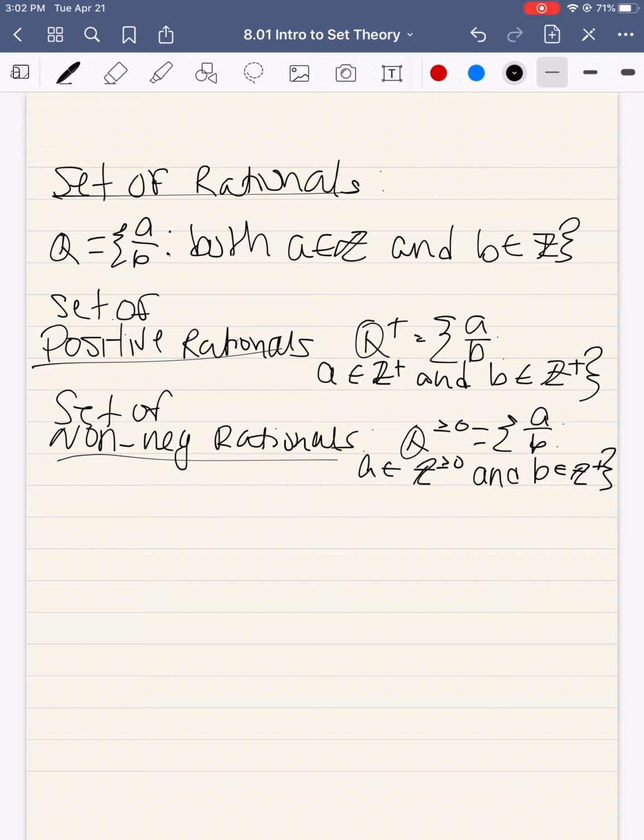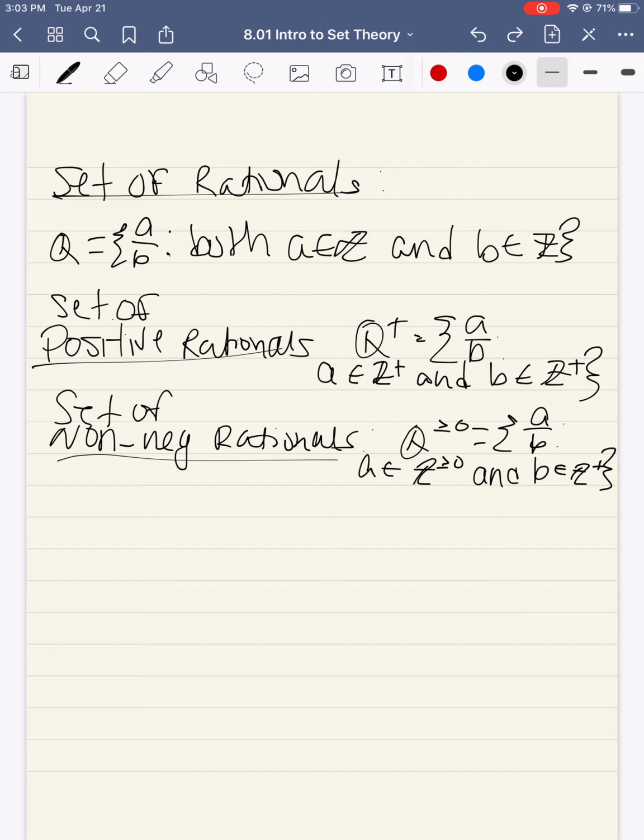Well, if you think about it, if I put b into the non-negatives, then I'm saying that b could be 0, and then that would be undefined.